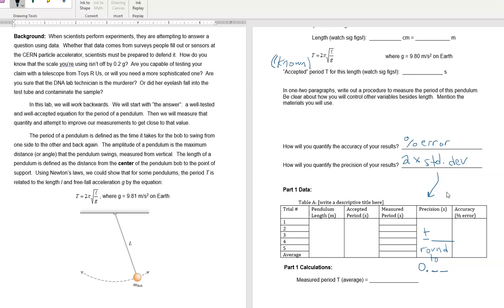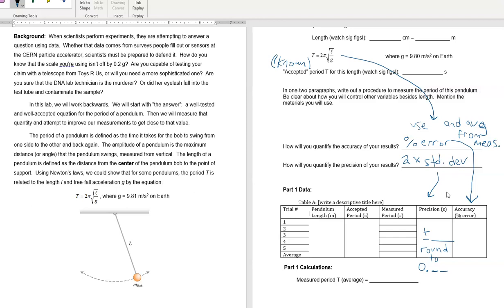And then there's only going to be one number that goes here, and you're going to use the known T from above and your average from the measured column in order to calculate that.